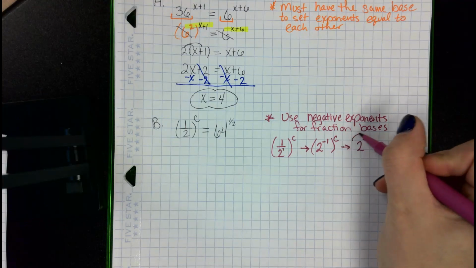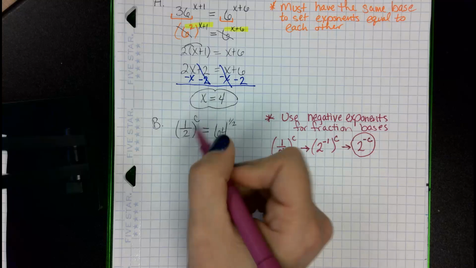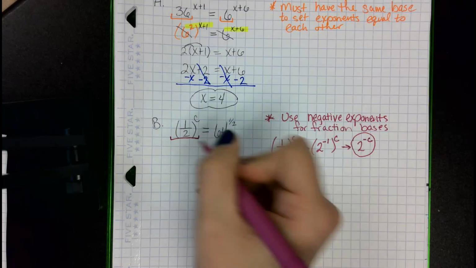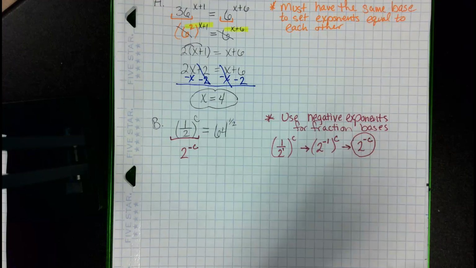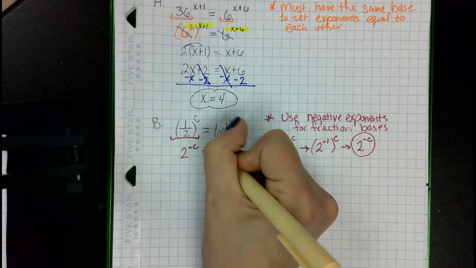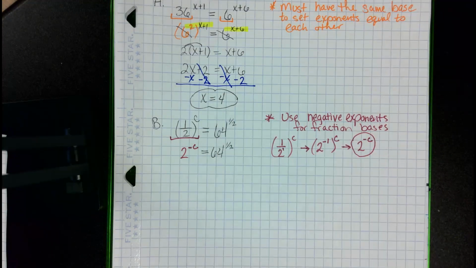So I can take this and put it back in here. Instead of that, I can write it as 2 to the negative c equals 64 to the 1/2 power. And what about the 1/2 power?